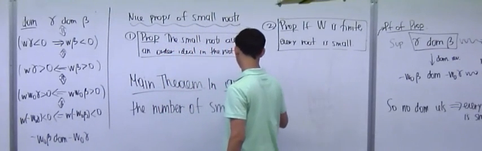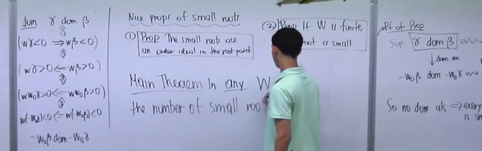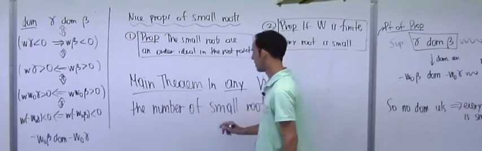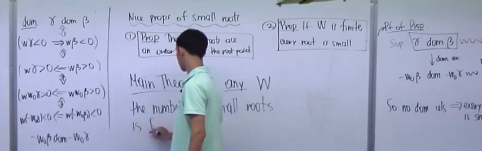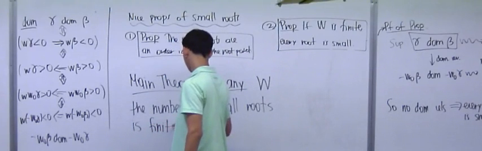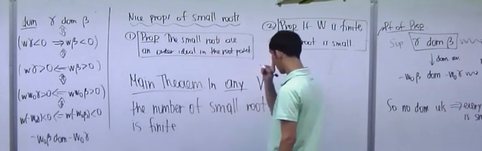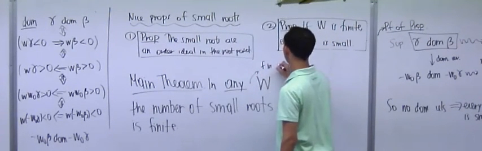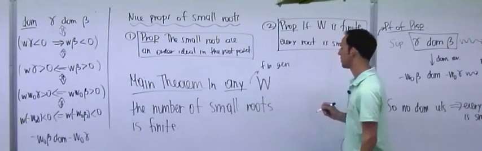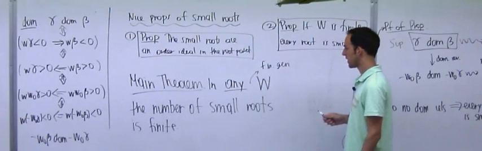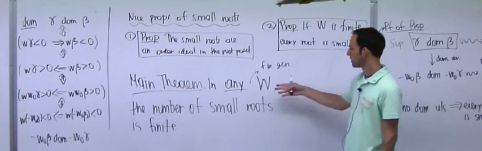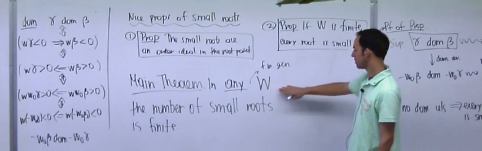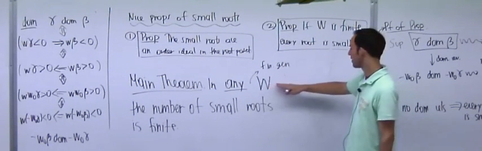W can only have finite generators. Yeah. Finitely generated W, the number of small roots is finite. Why would this not be true for infinitely generated ones?